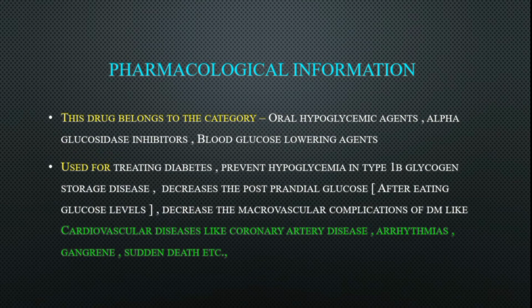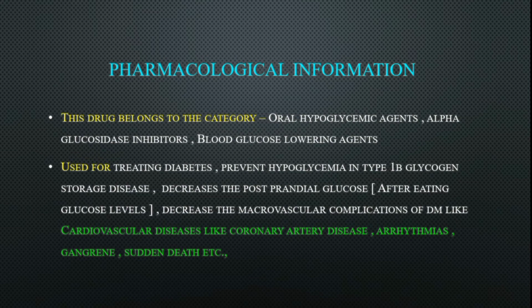It is used for treating diabetes and also prevents hypoglycemia in type 1b glycogen storage disease, and it also decreases the postprandial glucose. The postprandial glucose is the glucose that is checked after eating, around 1, 2 to 3 hours after eating. And it also decreases the macrovascular complications of diabetes mellitus.